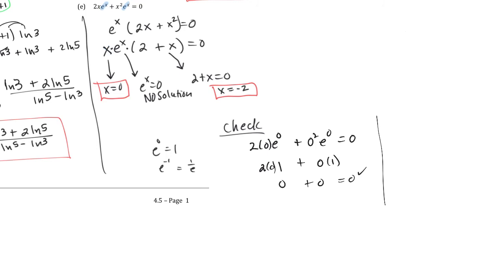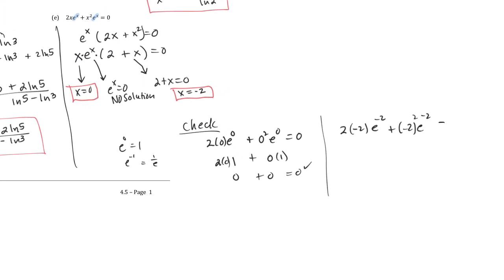We would have 2 times -2 times e to the -2 plus -2 squared e to the -2. And that's supposed to equal 0. 2 times -2 would be -4 e to the -2. And then I would have a positive 4 when I square -2, e to the -2. So those just add up to 0. So both of those check out.